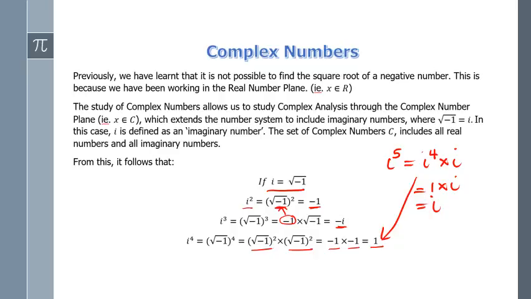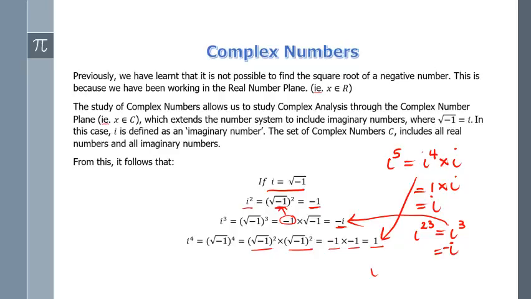For instance, if I had i to the power of 23, how many 4s go into 23? 5 do, with a remainder of 3. So i to the 23 is exactly the same as i to the 3. We know that i to the 3 is -i. So i to the 23 is the same as i to the 3, which is the same as -i.